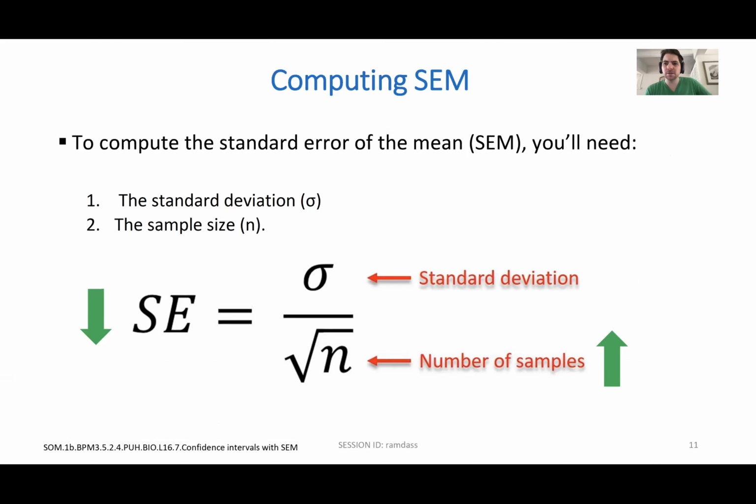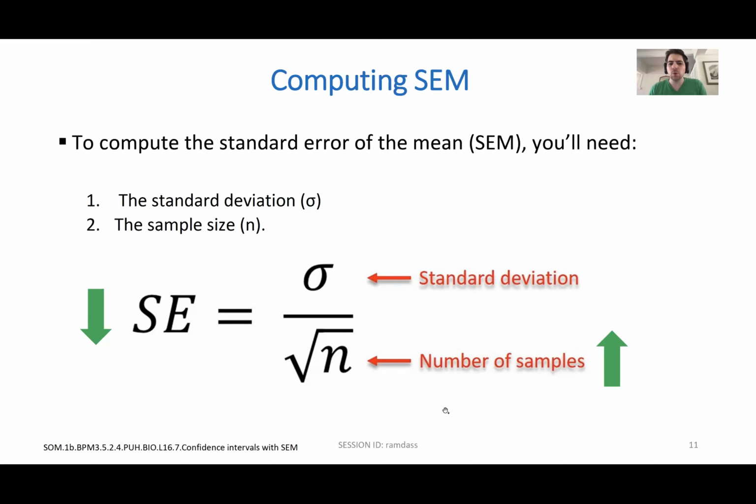I'm not familiar with using n-1. I think somebody can chime in. Typically, the difference between n versus n-1 is that big N is for populations, and n-1 is just for a sample. Okay, thank you.